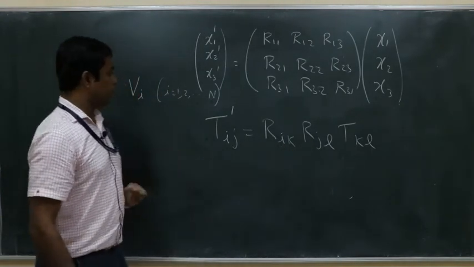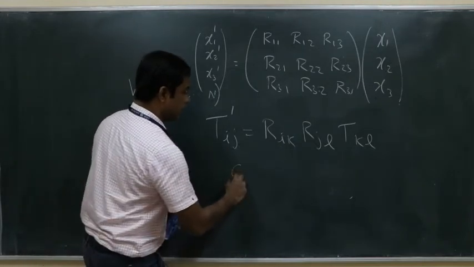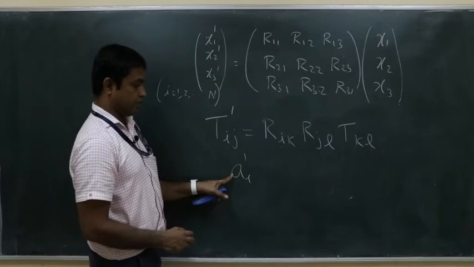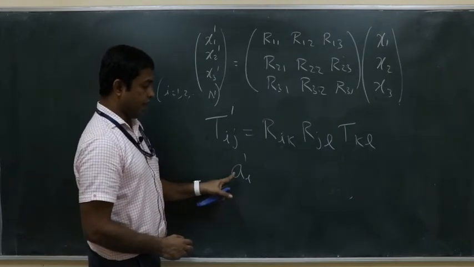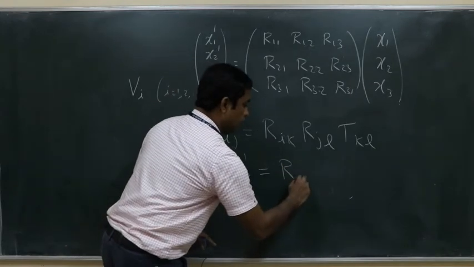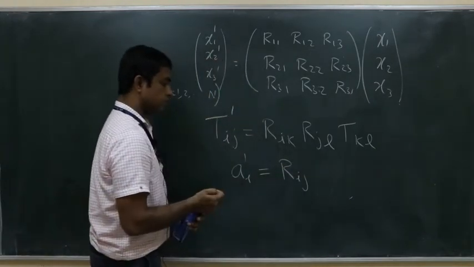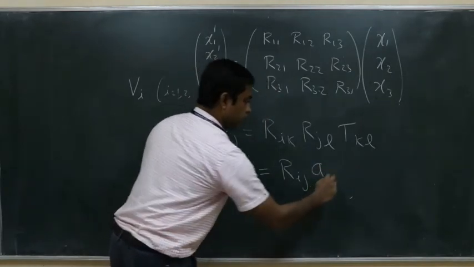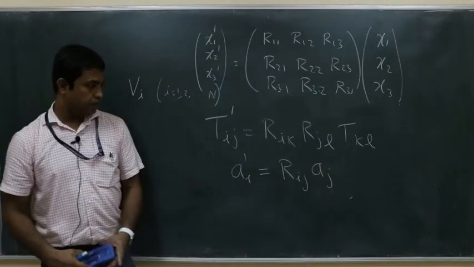Similarly, I can say A_i prime, which is a vector, the ith component of vector A, is equal to R_ij A_j.